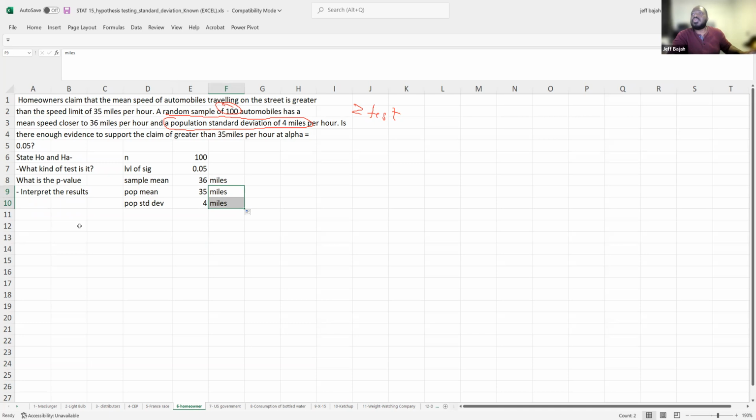All right, let's do step one. Step one is our H sub O and H sub A. Look at the question. It says, is there enough evidence to support the claim of greater than 35 miles per hour?